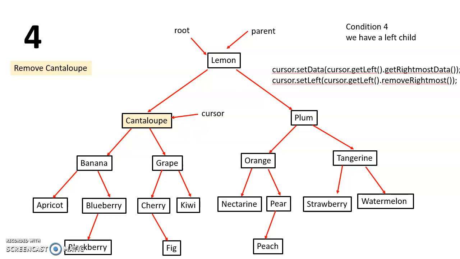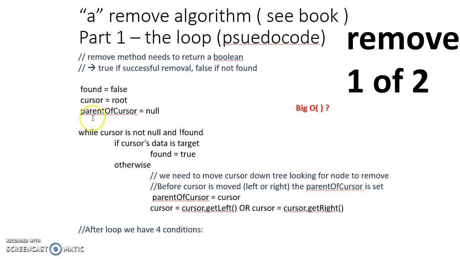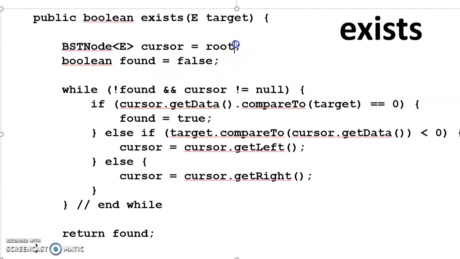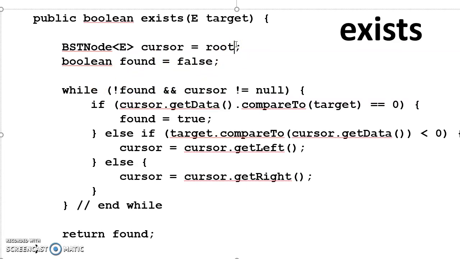What I just want to do is iterate again. The first part of the remove method is going to be a loop. That loop will look very much like the exists. What the exists did not have is parent. So imagine if we also had here parent equals null. And then here we had parent equals cursor, then cursor equals cursor get left, parent equals cursor, cursor equals cursor get right.